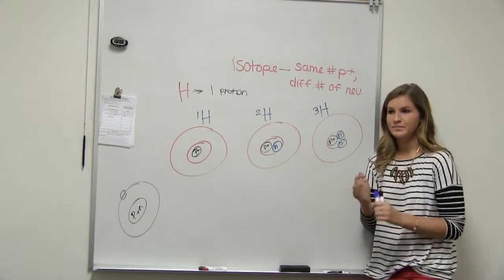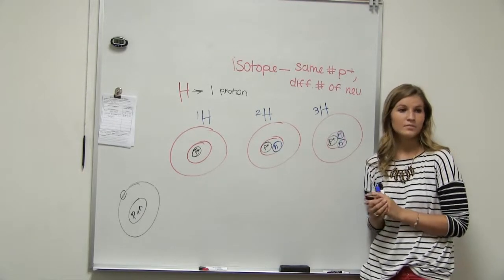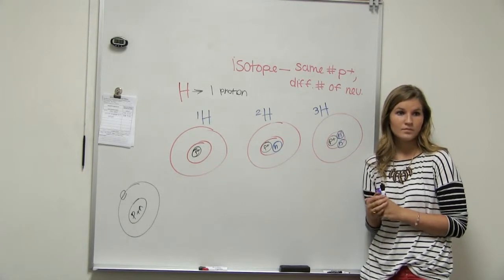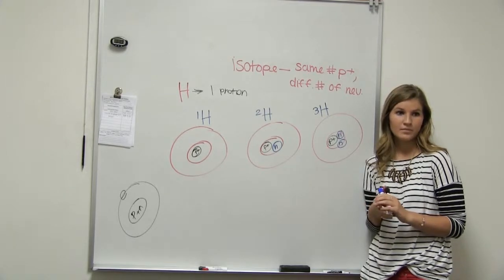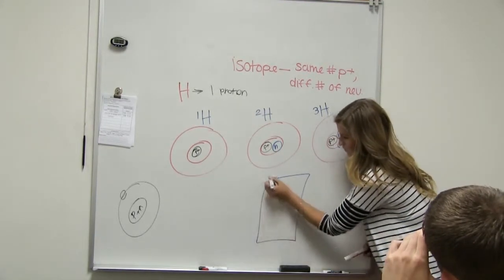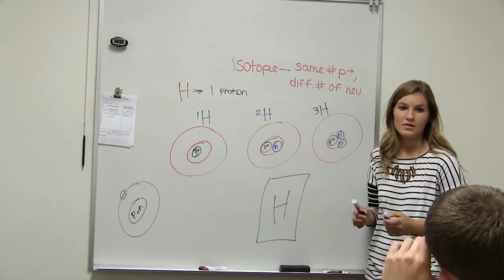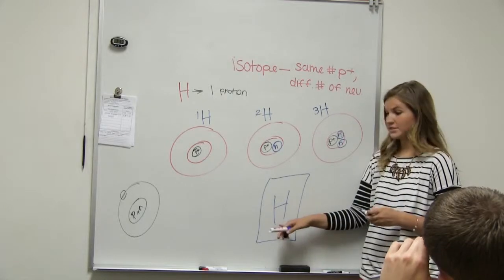Good call. Yeah. So quick question, when it comes to atomic number and mass number, which one is it? Isn't one of them your protons and neutrons? Or is one of them your protons plus neutrons? Protons and neutrons.